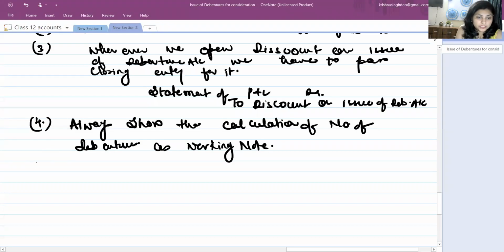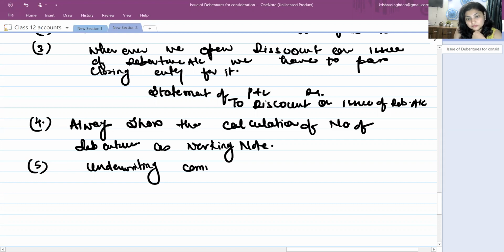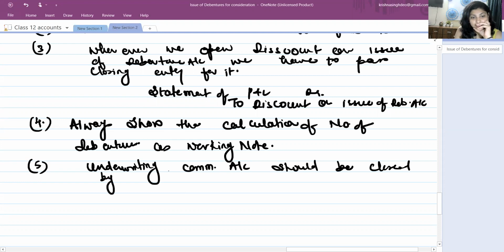And the last one is underwriting commission account should be closed by passing an entry.